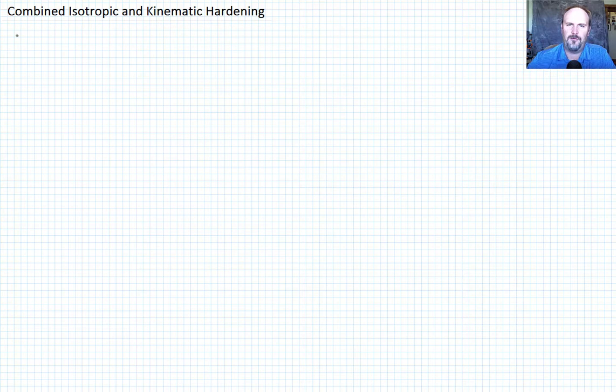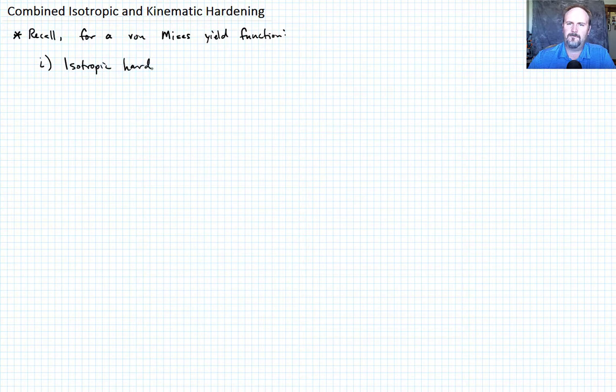So let me just refresh your memory here. Recall that for a von Mises yield function, in the case of isotropic hardening, we wrote that F was equal to J2 minus J2 bar, which we said could also be written as J2 minus 1/3 sigma bar squared, where sigma bar is the uniaxial yield stress.